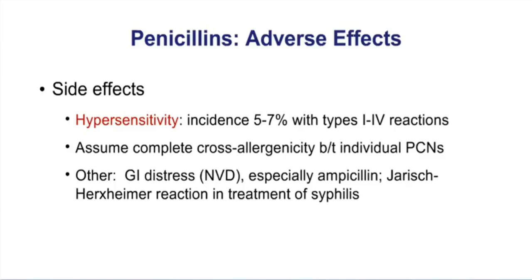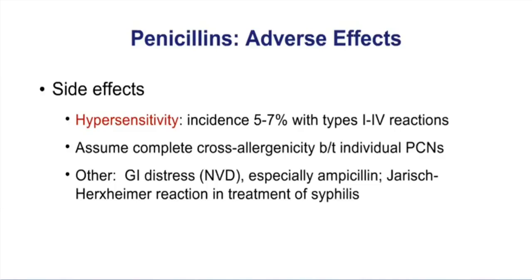In terms of other side effects, GI distress. Most antibiotics can cause GI upset. That would include nausea, vomiting, and diarrhea. Perhaps ampicillin is a little bit worse than the others for causing this effect. But again, I like to point out that it is not a discriminating side effect. GI upset is very common for many of these drugs.